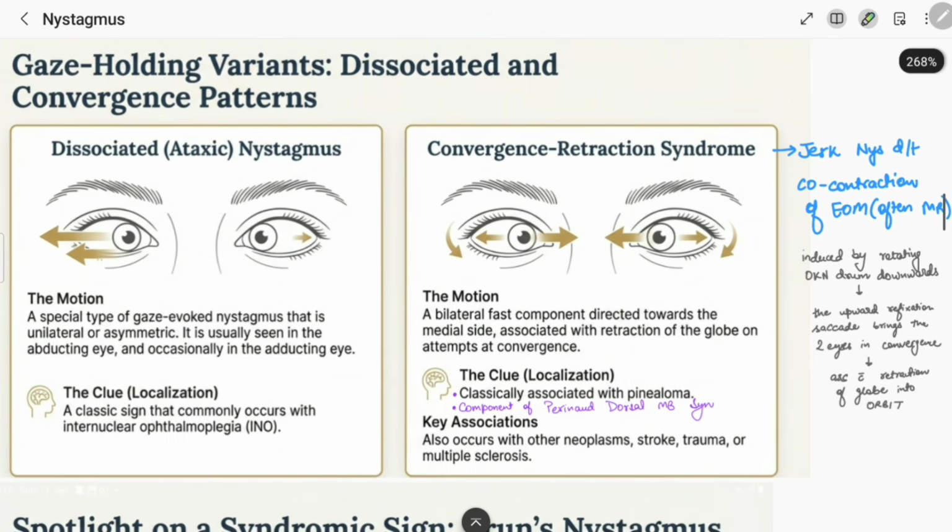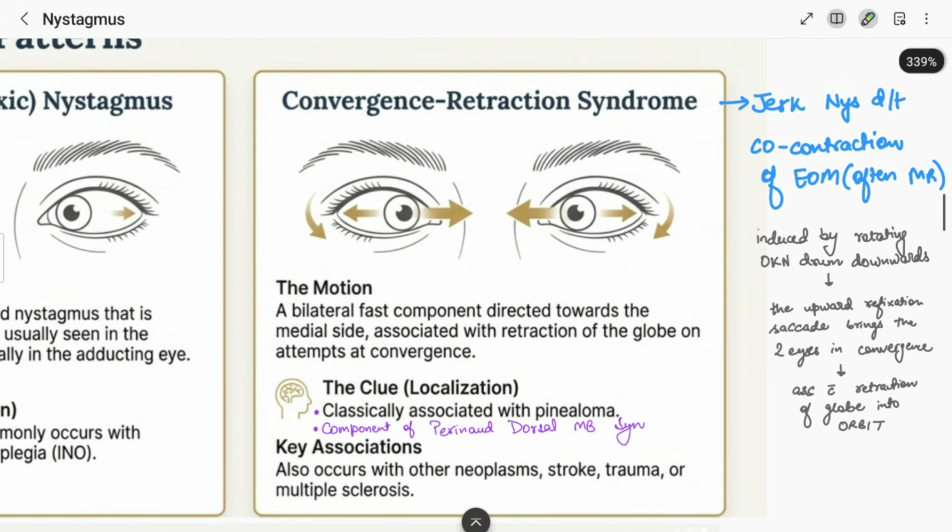Third category is convergence retraction nystagmus. This is a jerk nystagmus due to co-contraction of extraocular muscles, often the medial rectus. If we keep an OKN drum rotating downwards, there will be a defoveating downward movement and a refoveating saccadic upward movement.